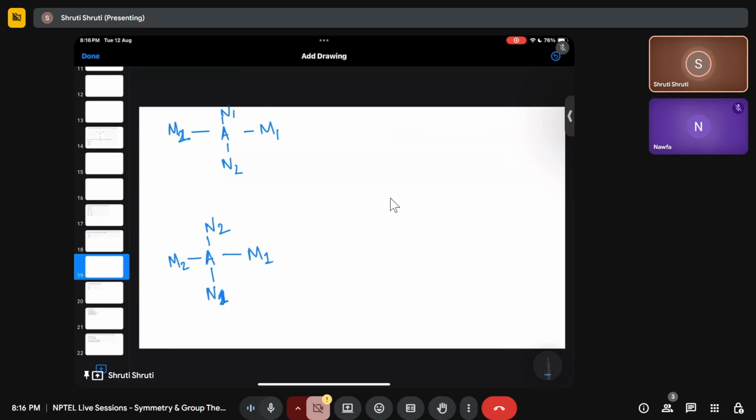If you apply C2z, the z axis is on top, like piercing through the plane.